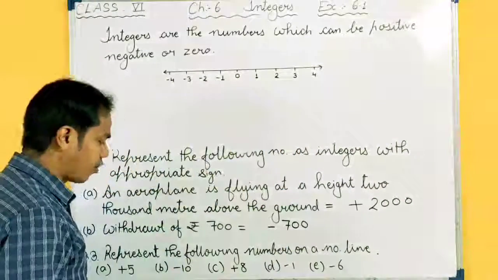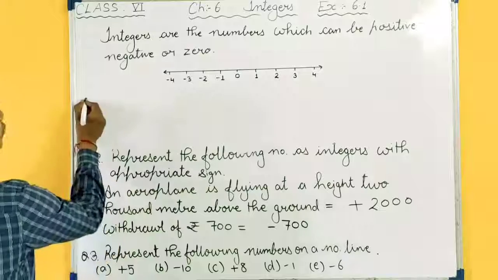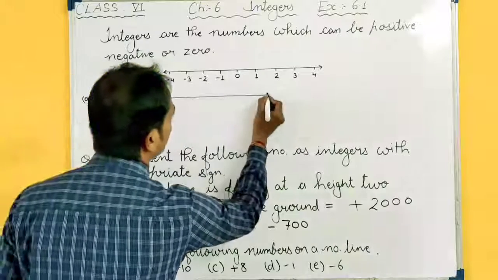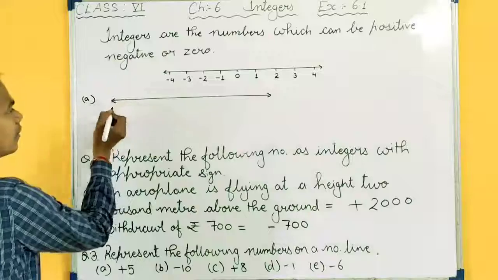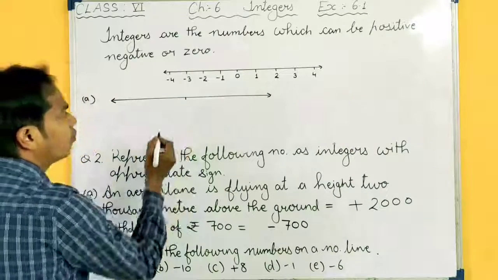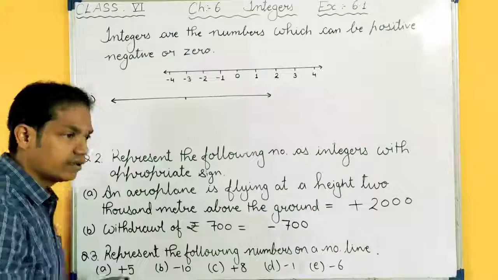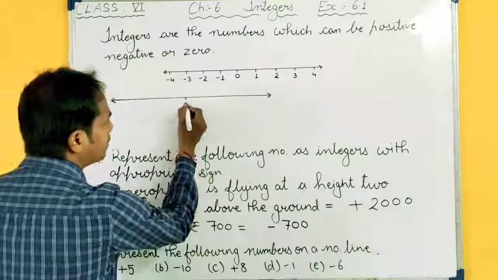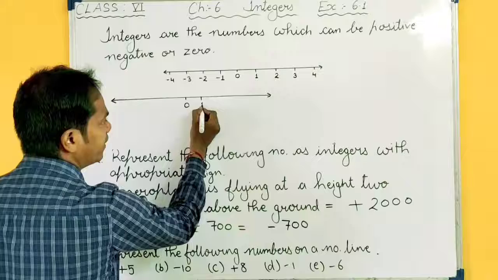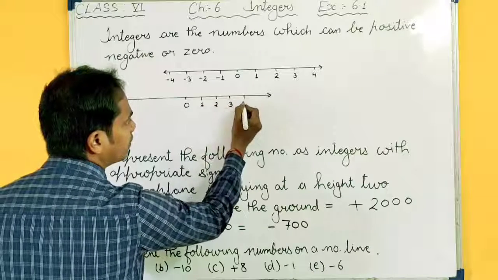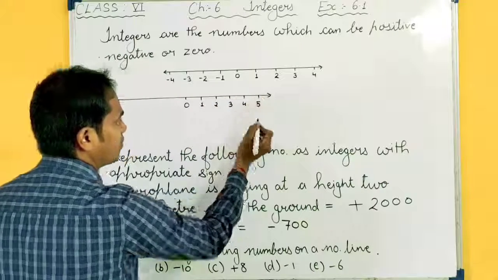First of all I will draw the number line for part A. You have to draw one number line. See what is needed: you want the positive side. So I am writing 0 here, and this is your positive side: plus 1, plus 2, plus 3, plus 4 and plus 5.